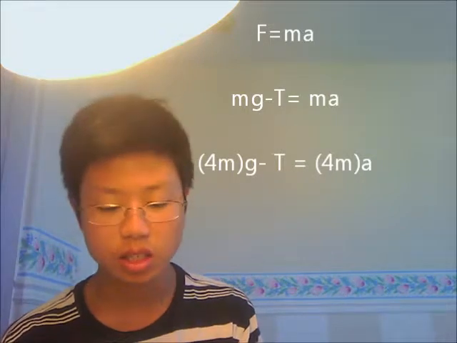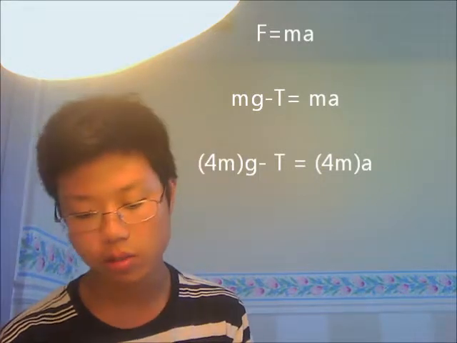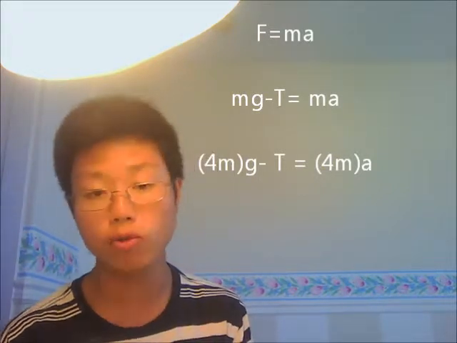Because our mass is 4m in this case, our full equation will be 4m times g minus the tension force equals 4ma.